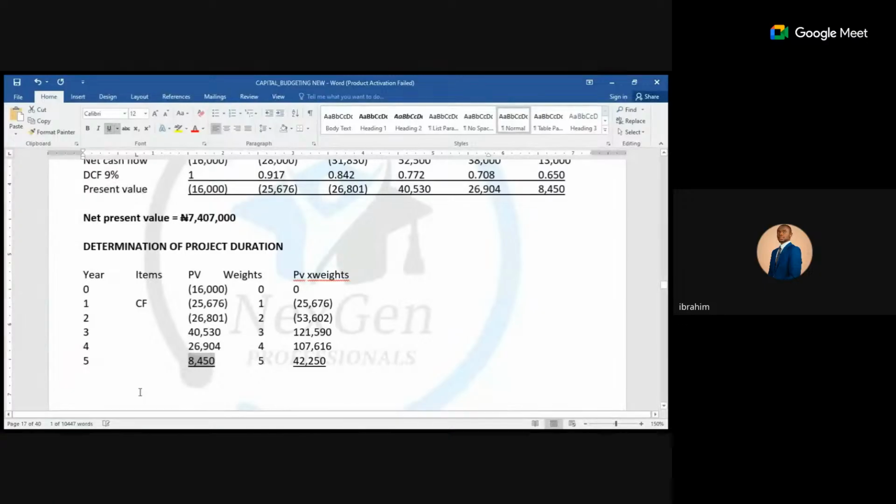So what is the total? Your total of PV times weight is 192,178. What do we have here for PV? 7407.